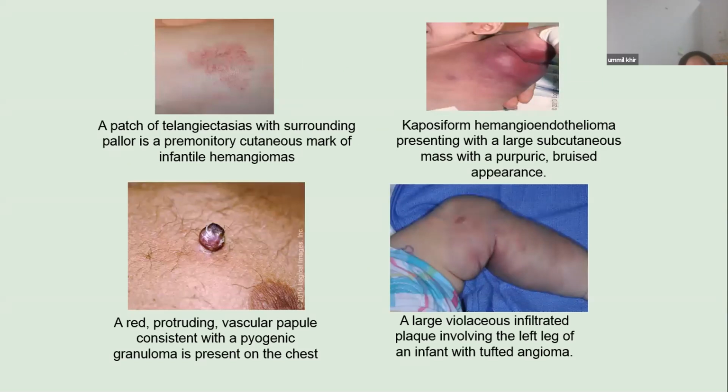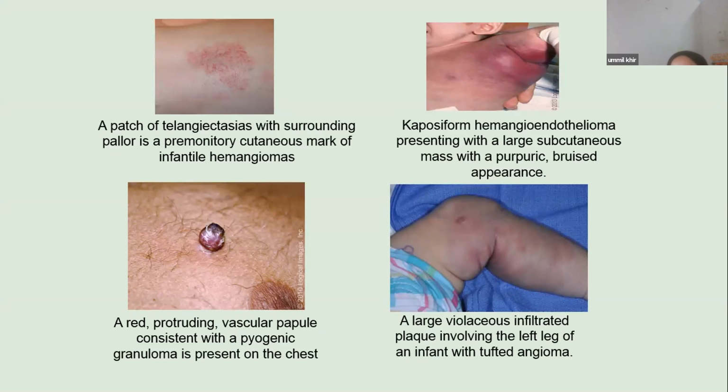Okay, these are the pictures. The first picture is a patch of telangiectasia with a surrounding pallor. So this one, we know that this represents clinical features for the hemangioma, infantile hemangioma, not capillary malformation. And the second one, the patient presented with a large subcutaneous mass with a purpuric bruise appearance.